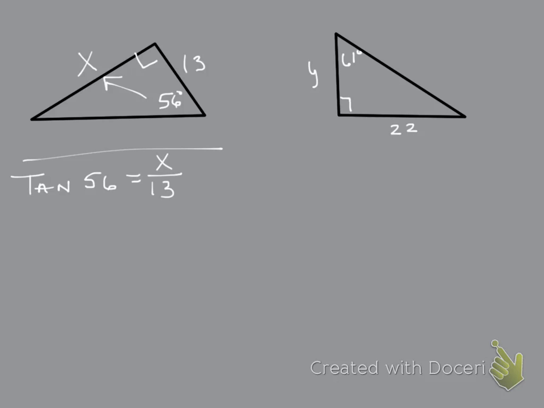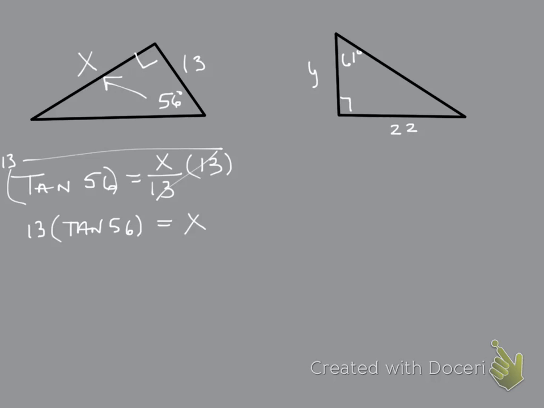Now, this is a simple algebra problem. To get x by itself, I need to multiply both sides by 13. That cancels that out. That leaves me with 13 times the tangent of 56 equals x. Okay? You can do that in your calculator very easily.